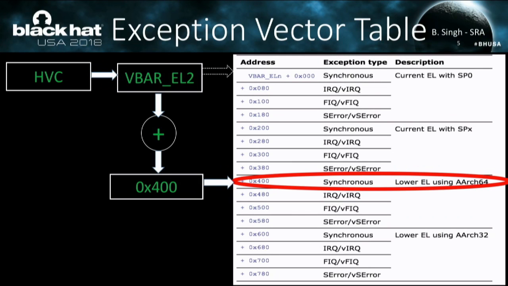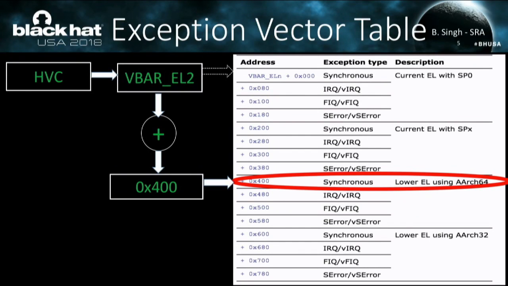In this talk, we will just talk about the EL2 exception vector table, because we are just talking about hypervisors. The base addresses of these exception vector tables are stored in special registers called VBAR registers. Each EL has its own VBAR register that points to the corresponding exception vector table for that particular EL. So VBAR_EL2 will point to the exception vector table of EL2.